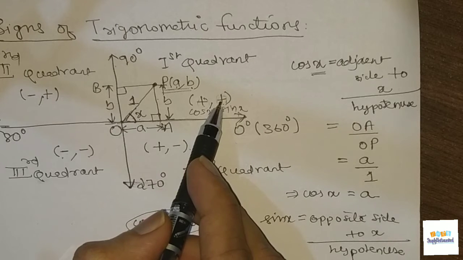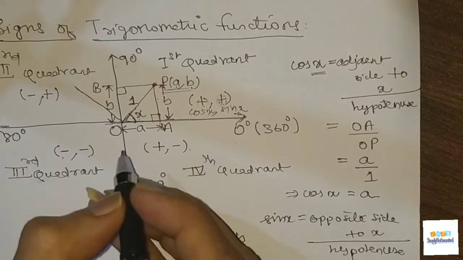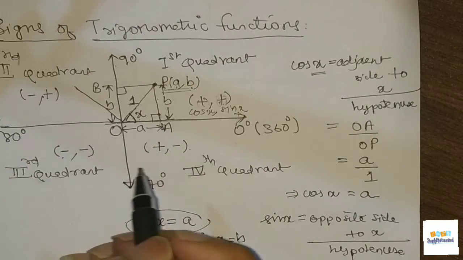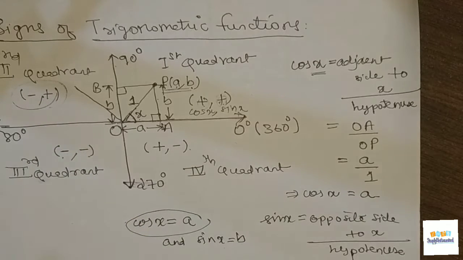Now similarly we can draw an angle in this way, in the second quadrant, and we look at the sine. Sines we already know here.